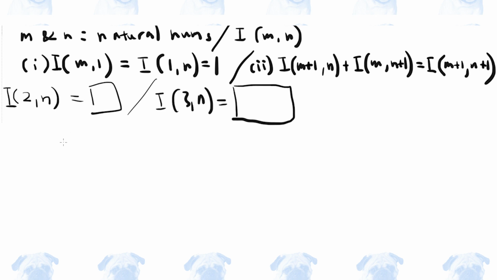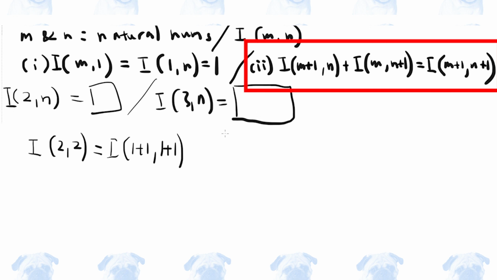So let's begin with a very simple case, I of 2, 2, and let's see what happens. I of 2, 2 can be expressed as I of 1 plus 1, 1 plus 1.